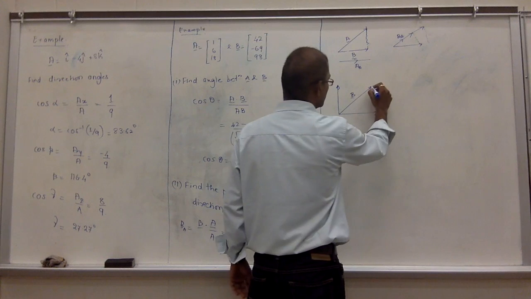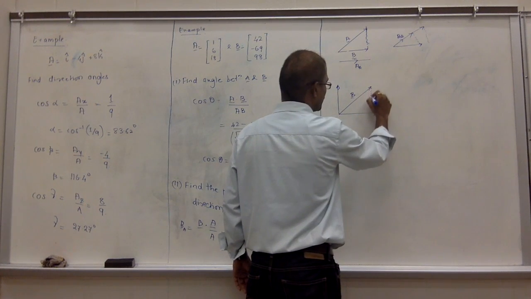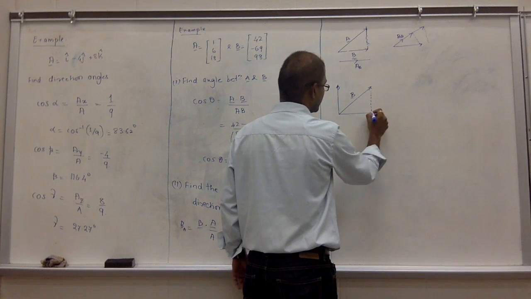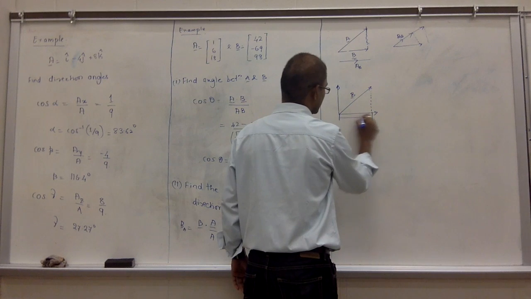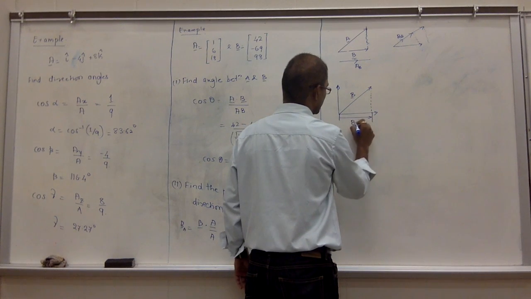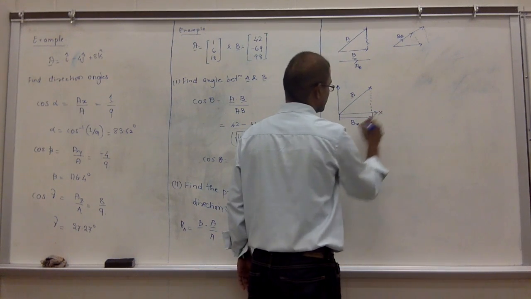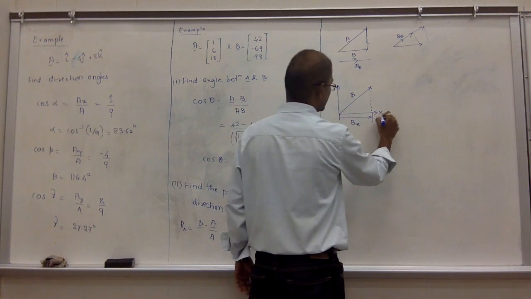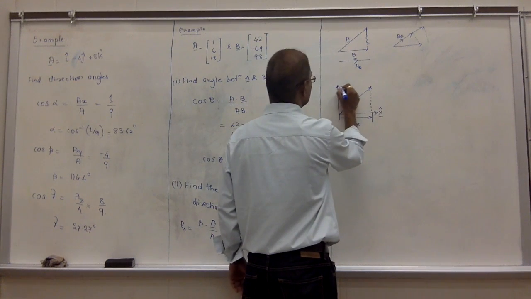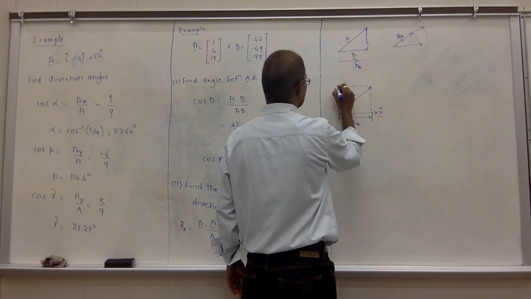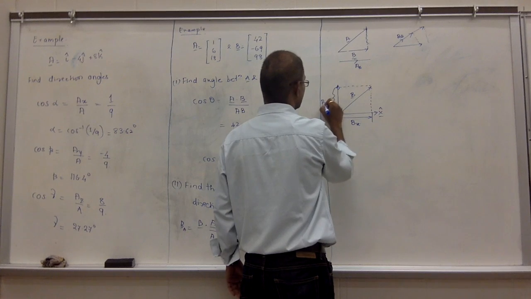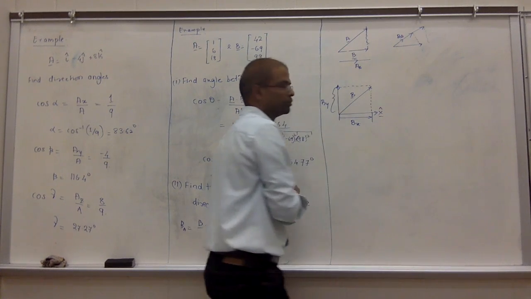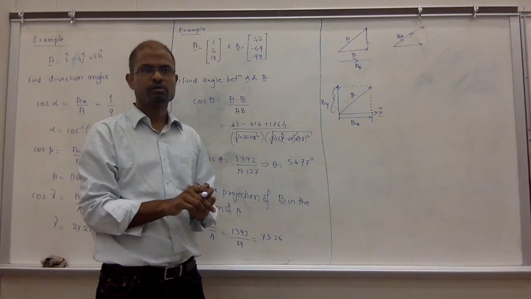We're going to draw a perpendicular, right? And this is the bx component, right? You understand? And this is the by component. Everybody is clear with this?